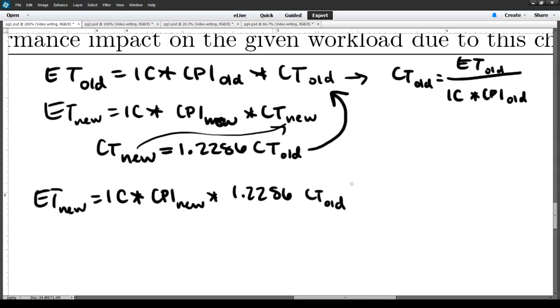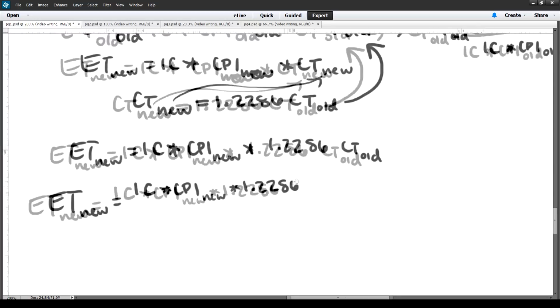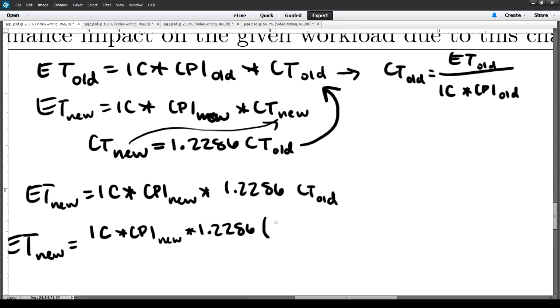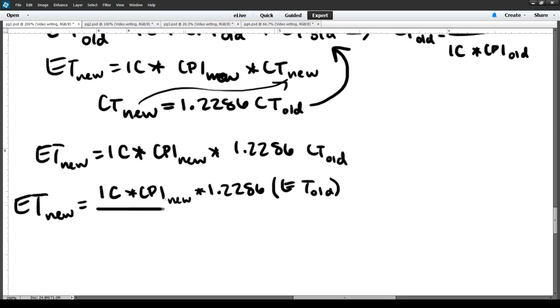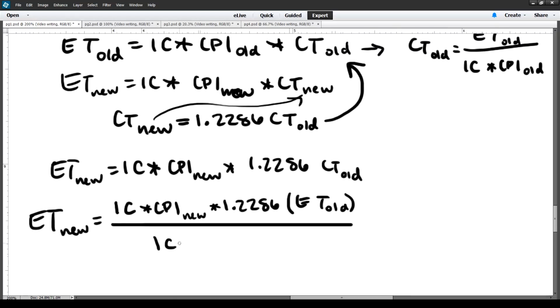So we're going to be putting that in here. So execution time new equals instruction count times CPI new times 1.2286 times execution time old, all over the instruction count times the CPI old.